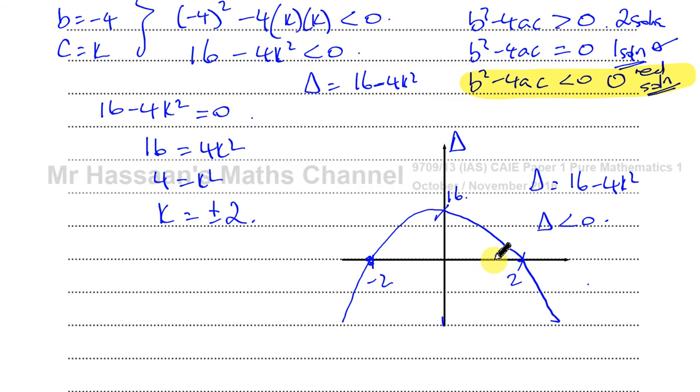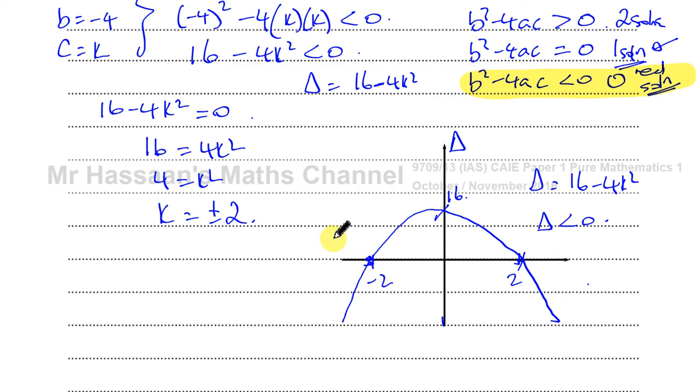Those would be the solutions where the line would be a tangent to the curve. When the discriminant value is greater than 0, when it's up here, so when k is between minus 2 and positive 2, the discriminant will be positive, which means there will be two solutions.